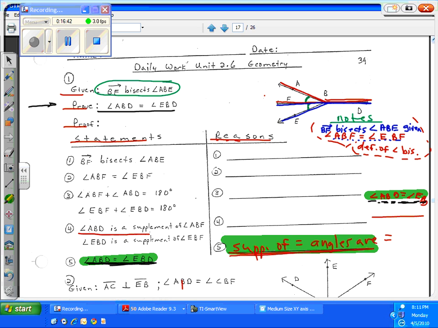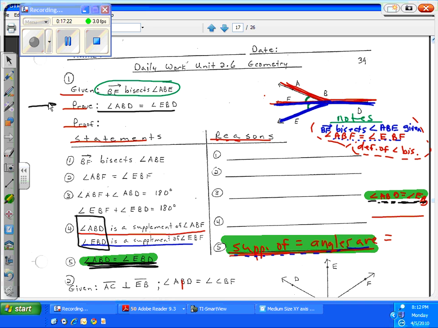So here's the statement. See, ABD is a supplement of ABF. I need a statement that says they're supplements. And this angle, EBD, is a supplement of this angle, EBF. If I'm going to say supplements of equal angles are equal, I need a statement saying that these two angles are supplements of so-and-so angles.